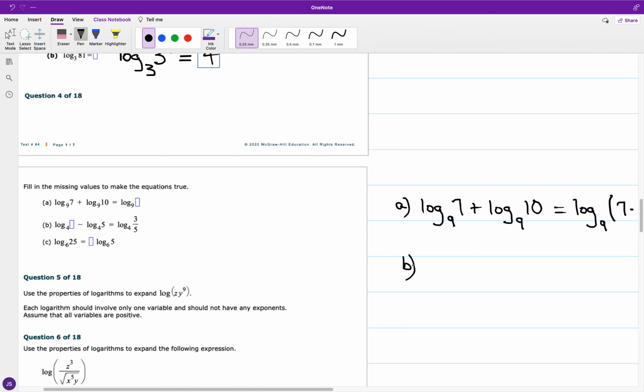For some it might be self-evident, others might require a little more work. I'll do it this way. Say the missing value is represented by x.